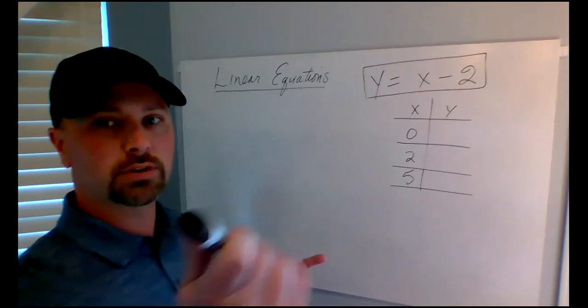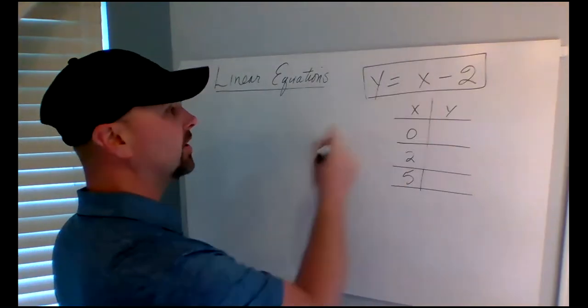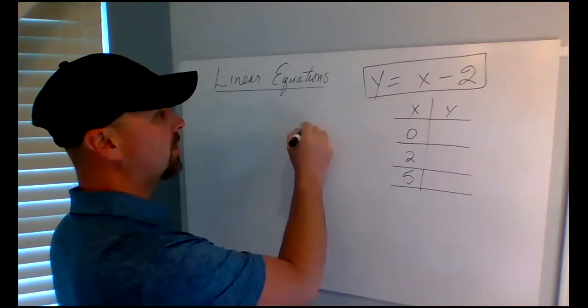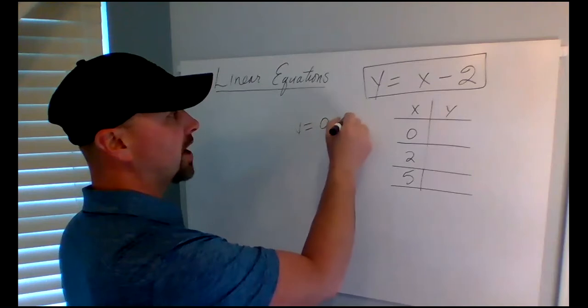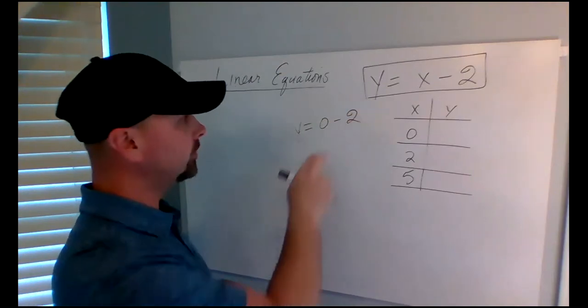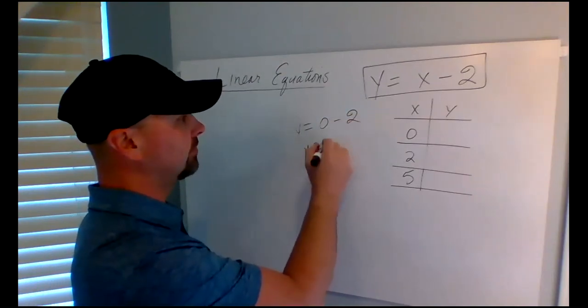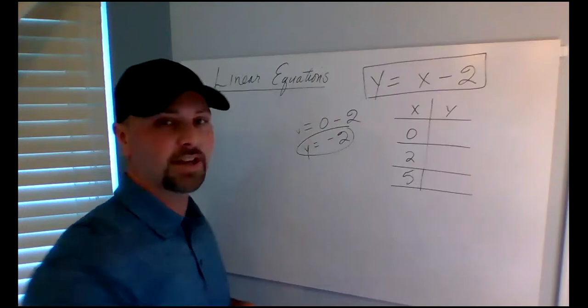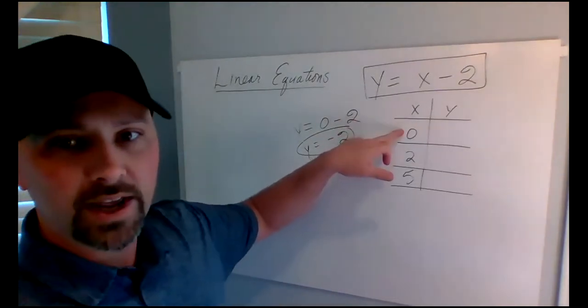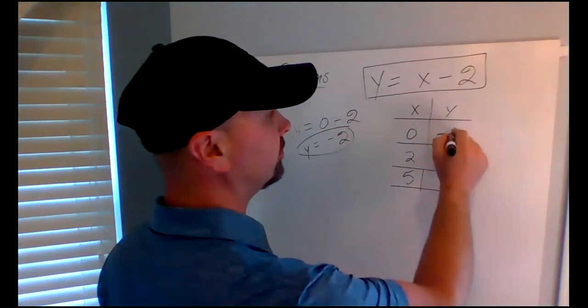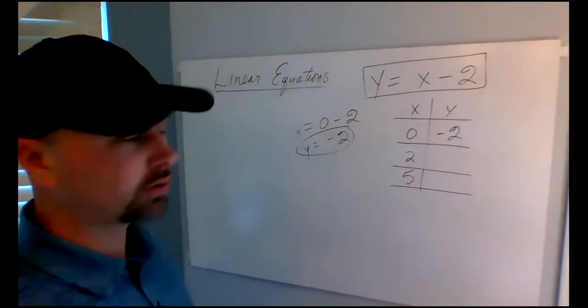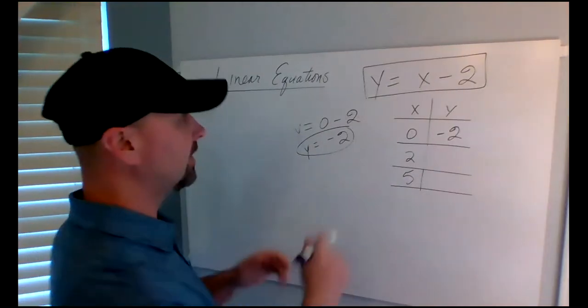So start with the first one, take 0 and put it in for x. So y will equal 0 minus 2. 0 minus 2 is negative 2. So when x is 0, y is negative 2. All right, same thing.